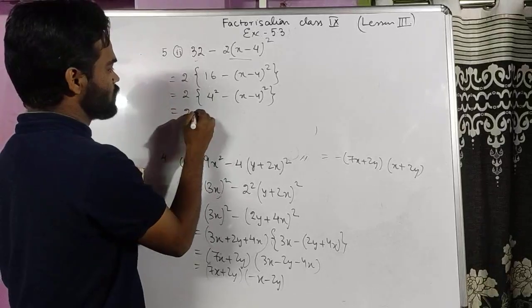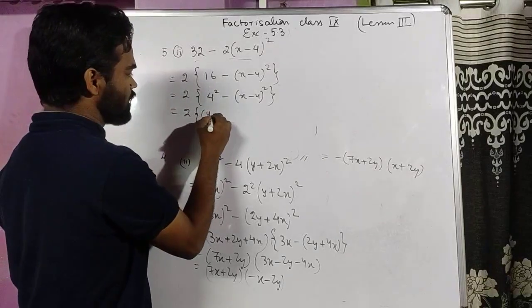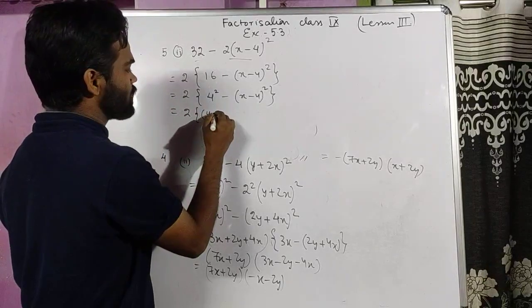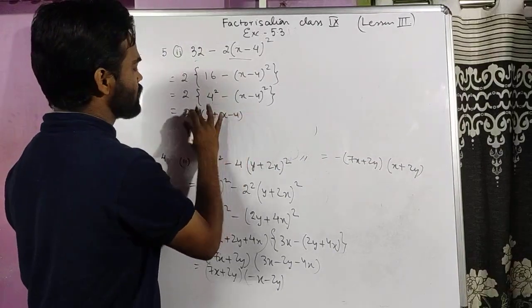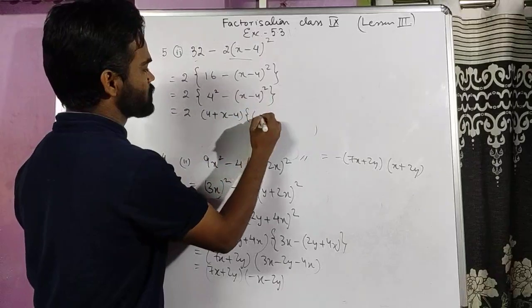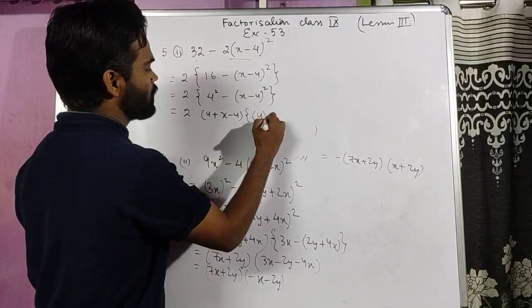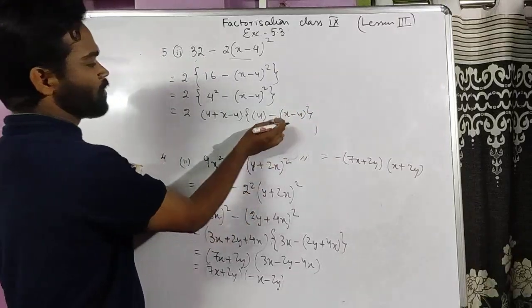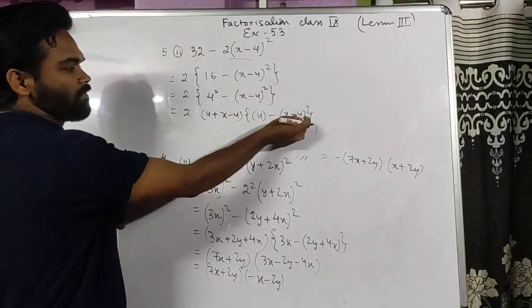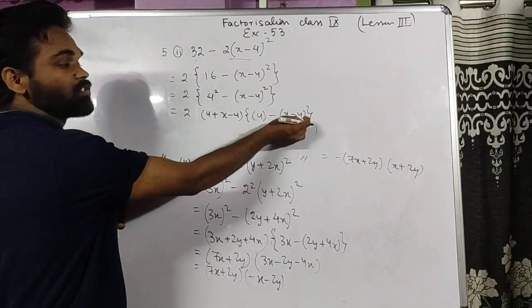This is 2, and this is a plus b, and this is a minus b. I've used a bracket over here because when we open this bracket, we know the sign will change.